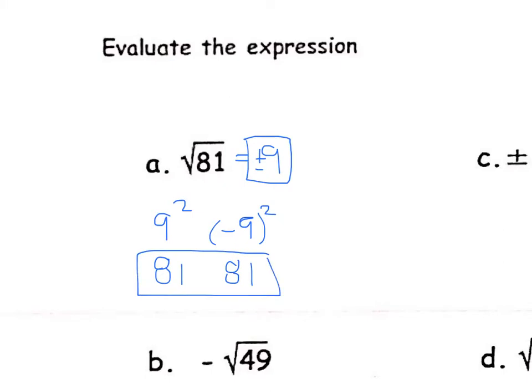So I have to take into account both answers. Prior to now, you've always just said, oh, the square root of 81 is 9. Well, it's not technically true. It is 9, and it's also negative 9. So anytime you take the square root of something, you need to remember that it is always the positive and negative value of that answer.